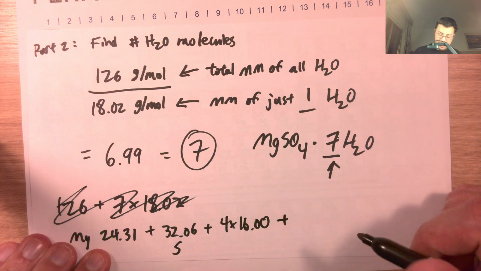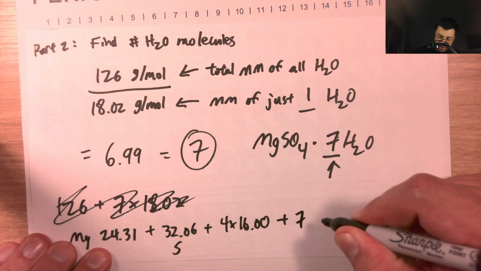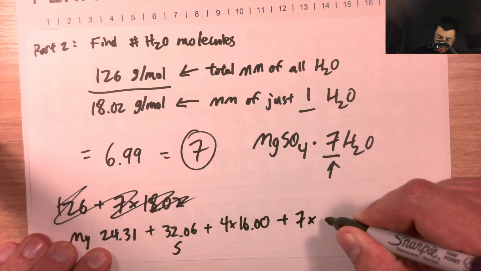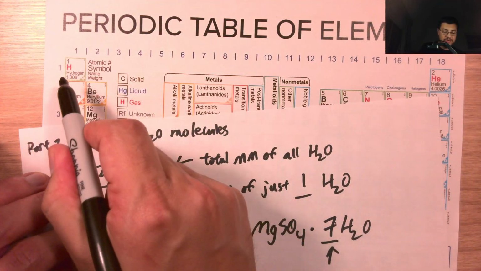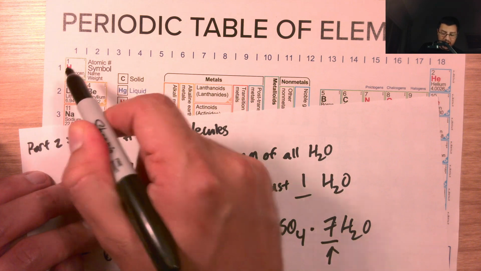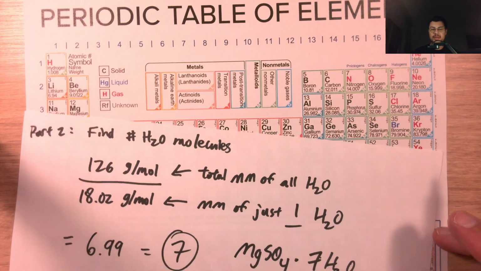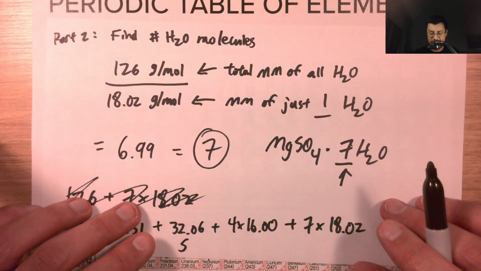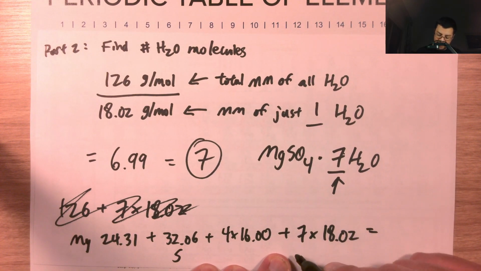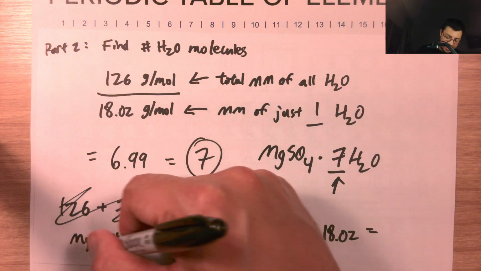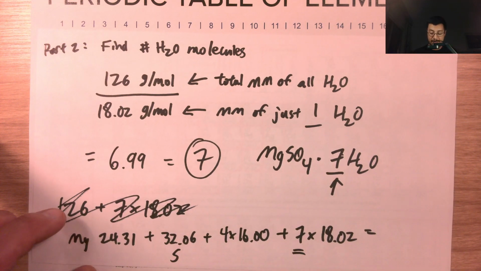So I have a 4 there, and then I am going to have 7 waters. So I'm going to use 7 times water's molar mass is 18.02. That 18.02 just comes from a hydrogen, another hydrogen, and then an oxygen, depending on how many sig figs your periodic table has. So basically, if I have 7 waters, I should be able to test that out by calculating the molar mass manually.